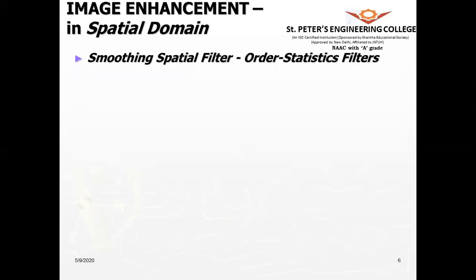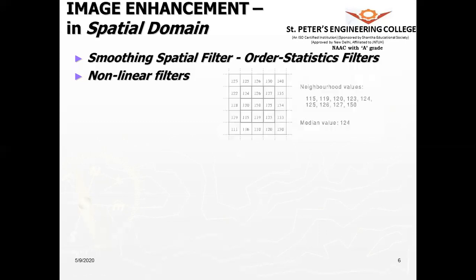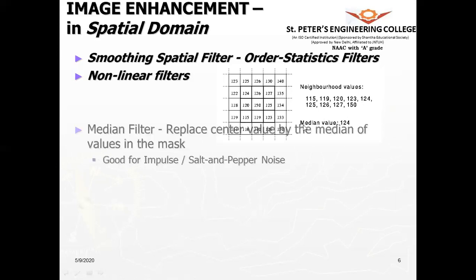You can perform smoothing operation by using the order statistics filters, but these are non-linear filters. For example, the median: if you want to compute around this mask, these are the different values. If you arrange them in ascending order, you find 124 as the median value. You can use the median filter such that you replace each center point by that median value.